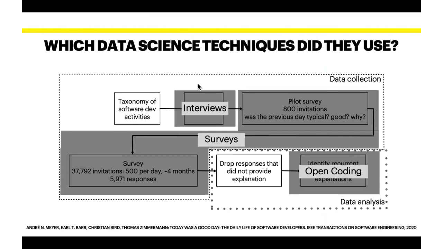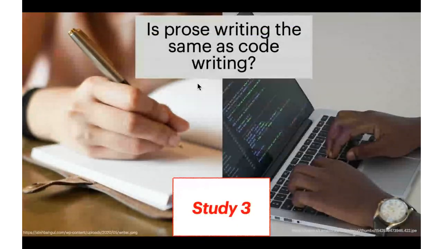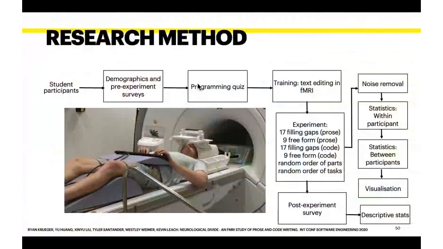The next study is a completely different one, and this one was focusing on cognition, on how our brain works when we are writing prose as opposed to when we are writing code. This is a research method. So you already see a large picture of an fMRI in the middle of the slide.